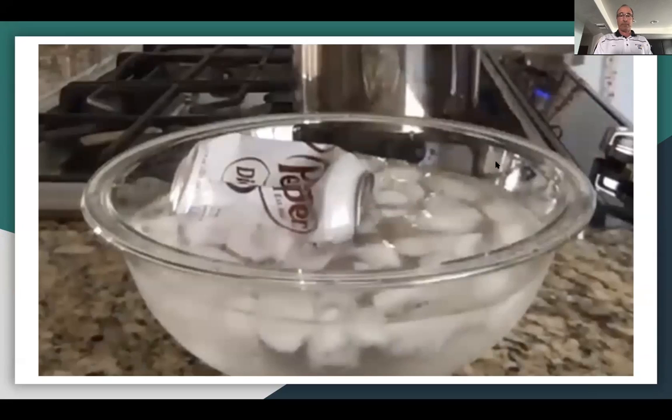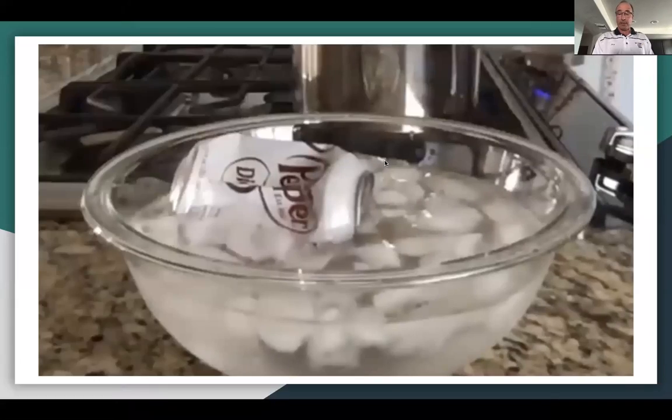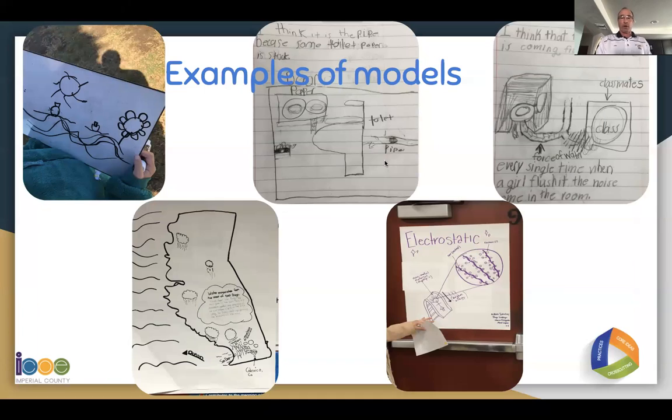So basically, after yesterday, you had cans that were crushed like this. And I asked you to make a model, and I even showed you some examples of models. One thing I didn't make explicit was that these are two-dimensional models.